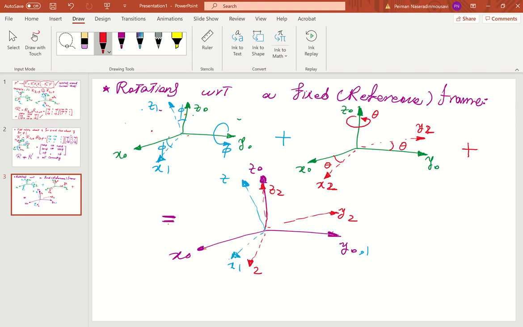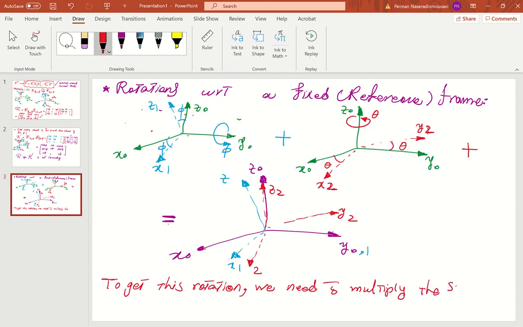So we want to make a rule for this. To get these rotations, we need to multiply the successive rotations made in the reverse form.